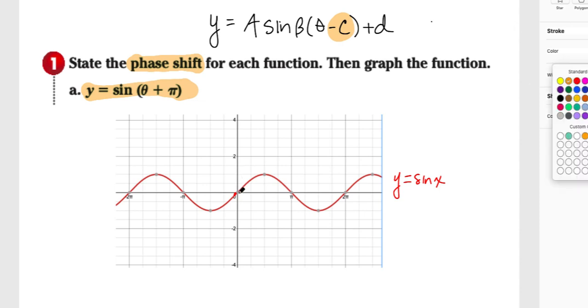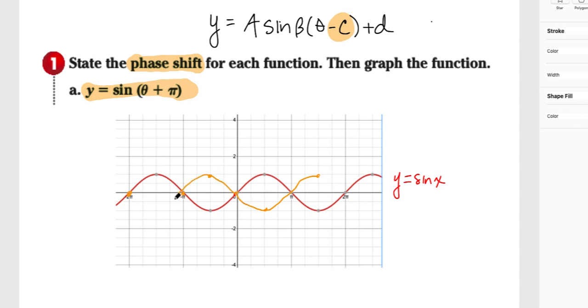So I'm sliding everything back. What's happening here is happening here. All of the 0 points are going to be the same, but the highs and lows are going to switch. You see that? I'm going to bring everything back one pi movement, and this orange graph is what we get as a result.